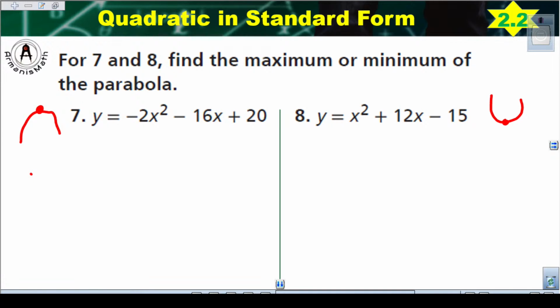Kennedy, get yourself ready for the next step. What do you think is going to be the next step? Okay, David, go ahead. Give me the ABC for 8. David is asking for 8. Okay, go ahead.